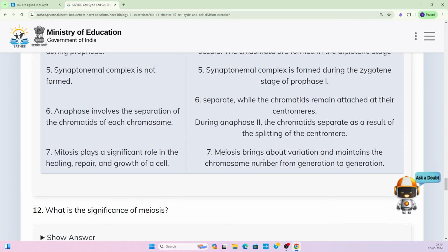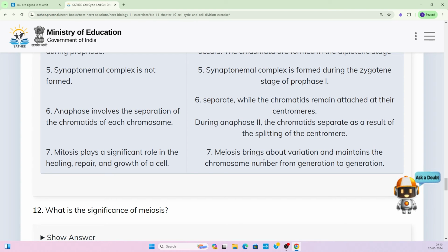Next difference, anaphase in mitosis involves the separation of the chromatids of each chromosome. The chromatids get separated from each other. Now in meiosis, during anaphase 1 the chromosomes separate while the chromatids remain attached at their centromere.